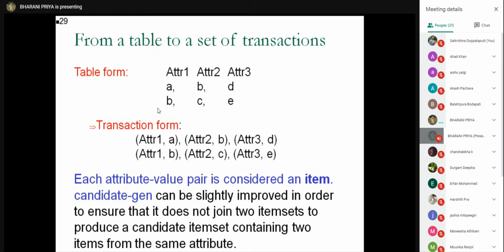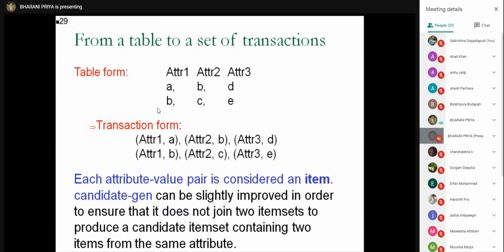Very good. Now, if I have transactional data, how will you convert it into tabular form? This you have to analyze. I have given the transactional data.